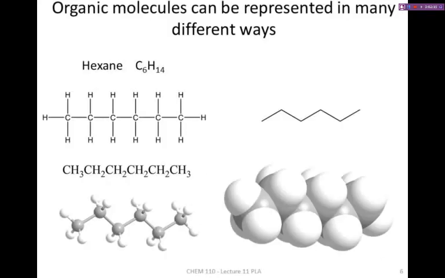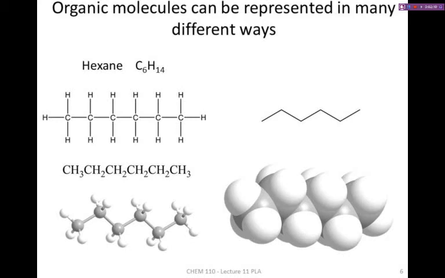And there's a variety of ways in which we can represent organic molecules. One way is by using the molecular formula and the name, as you can see up in the top right-hand corner. This doesn't give us much information, but it is the simplest way to communicate about the molecule. Beneath that, you have the Lewis structure. This shows all of the bonds between all of the elements.